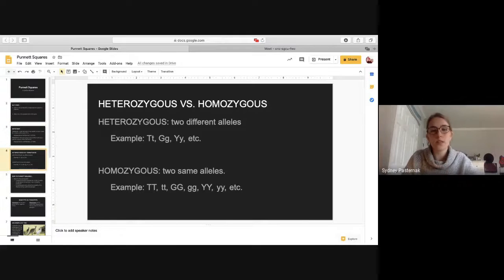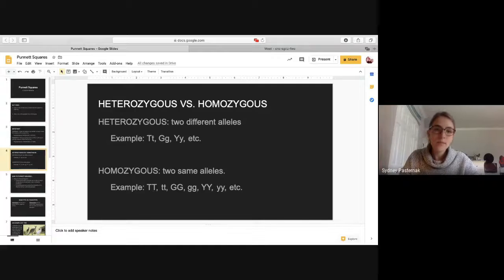And so the different combinations of lowercase and uppercase letters that you can get will tell us whether or not the individual is heterozygous or homozygous for that particular thing.